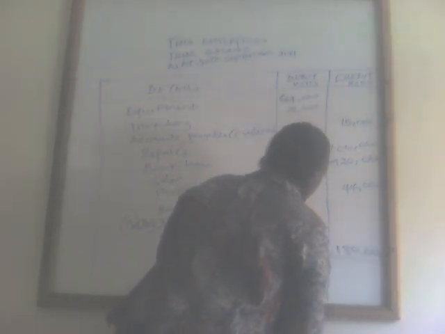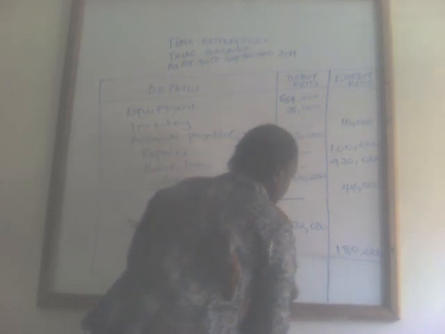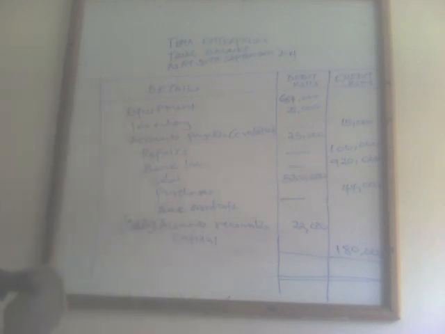Now let us get the totals. All sides must be equal. So we get the total for the debit side and the total for the credit side. You can use your calculator.